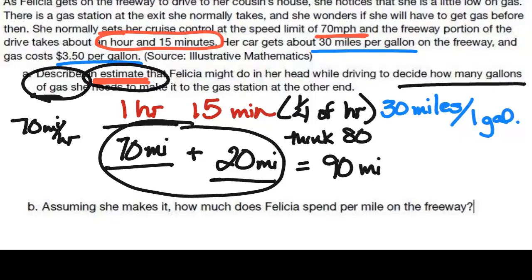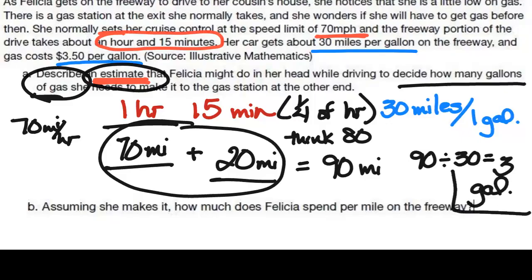So that means I'm taking 90, the total number of miles, divided by how many miles she gets per gallon? 30. So how many 30s are in 90? 3. So she is going to need about 3 gallons of gas.